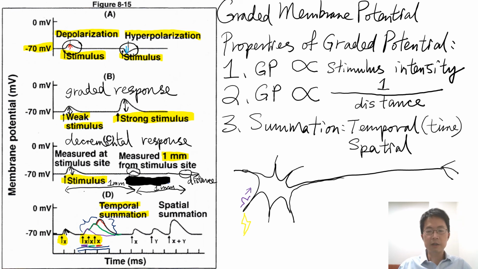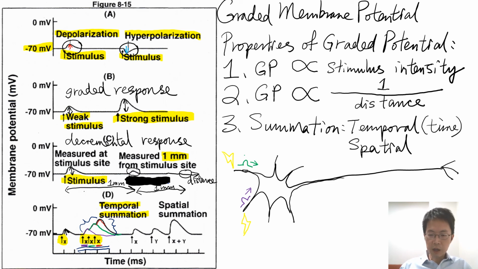Let's say I give a mild electric shock at this point here, and then I'll get another graded potential here, and it will go this way.